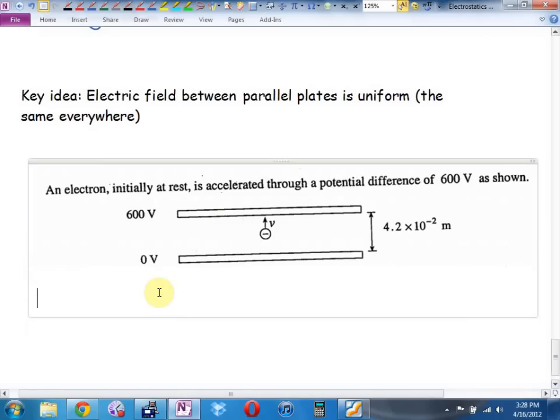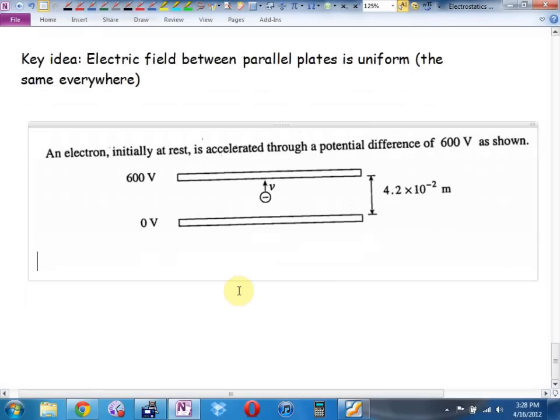So an electron initially at rest is accelerated through a potential difference of 600 volts as shown. I think we're assuming it started on the ground, on the bottom. Find the final speed of the electron.